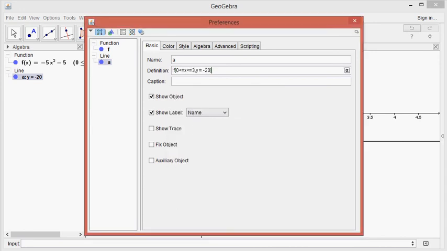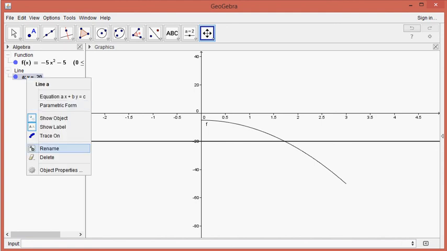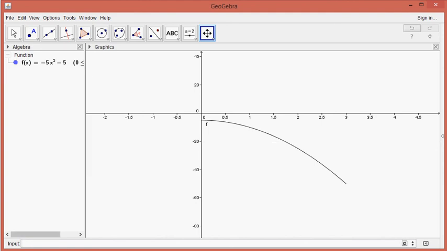Actually, it doesn't work. Let me try this.